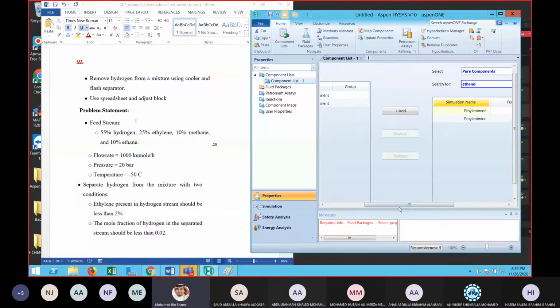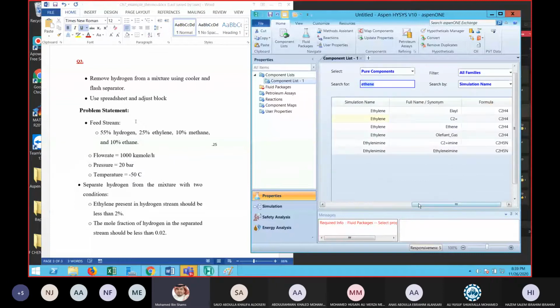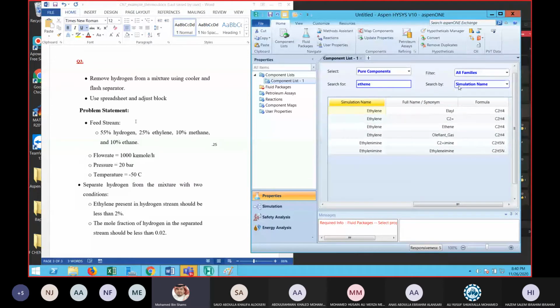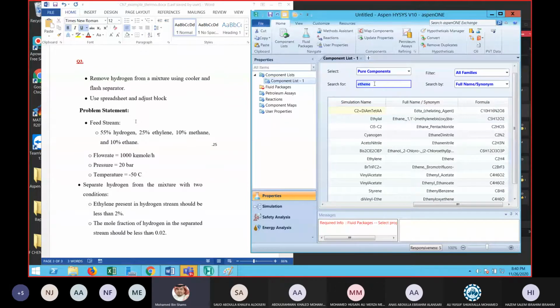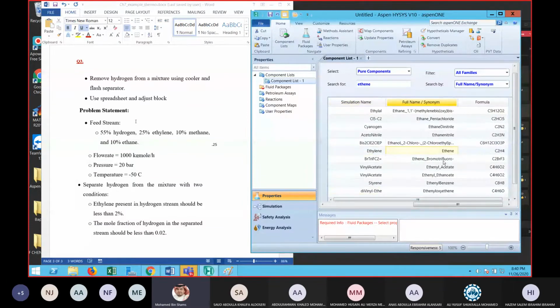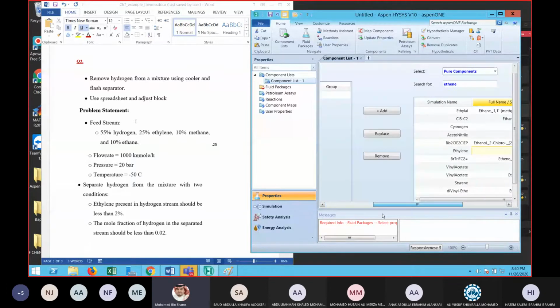If I remove it from here and write ethene, that's because ethene is ethylene. So the full name you may find as ethene. You write it again. Ethene, which is here. So the full name is ethene, the formula is C2H4, and the simulation name is ethylene. You notice these three categories here. If you enter the compound by chemical formula only, you choose formula. If you know the full name or the synonym, you use it, which in this case is ethene. The simulation name is ethylene. I always go with the full name because it is better, but both are okay, they are all the same compound.